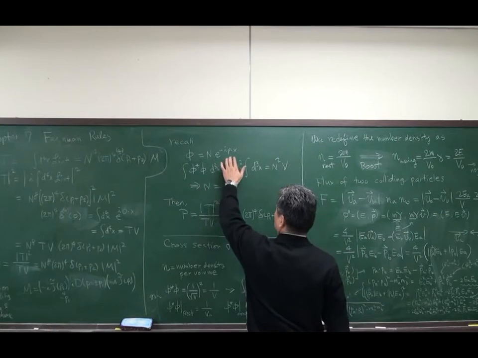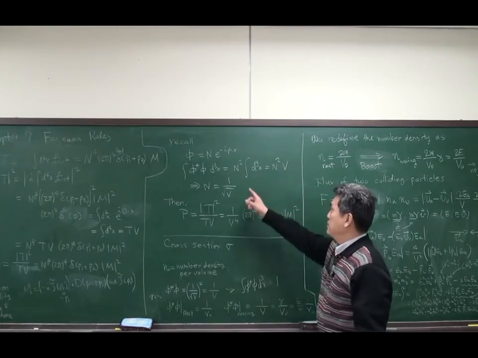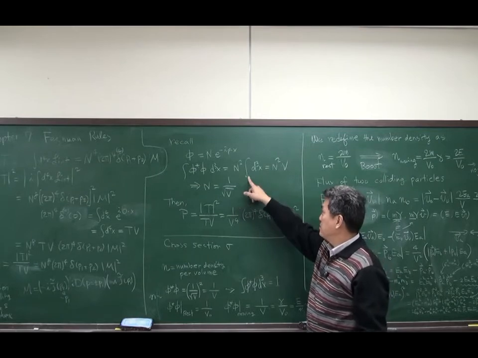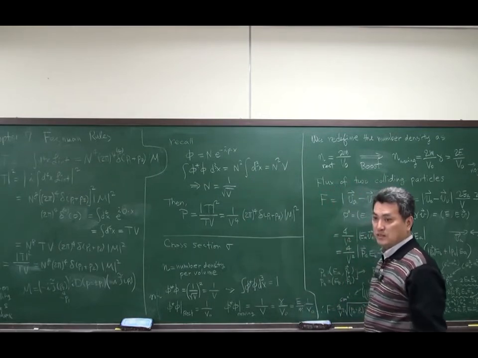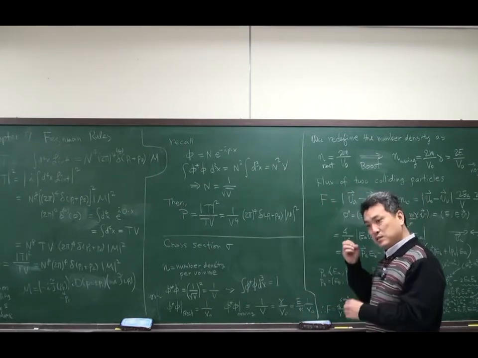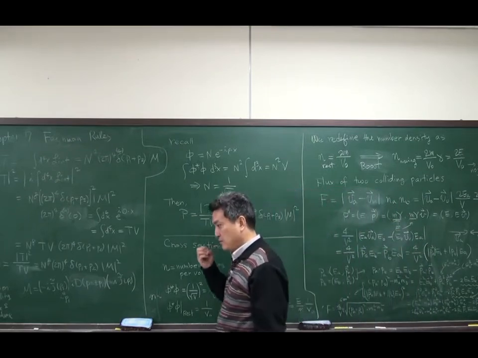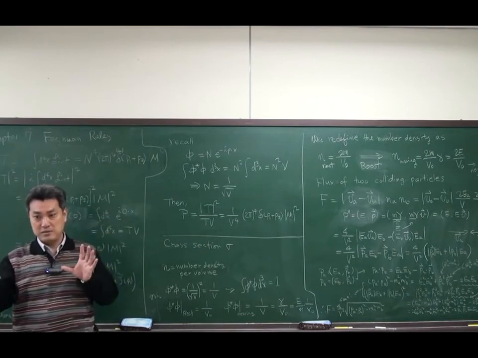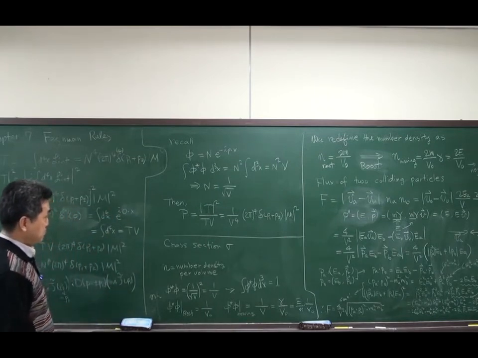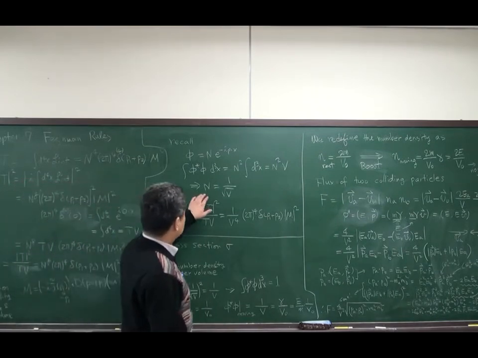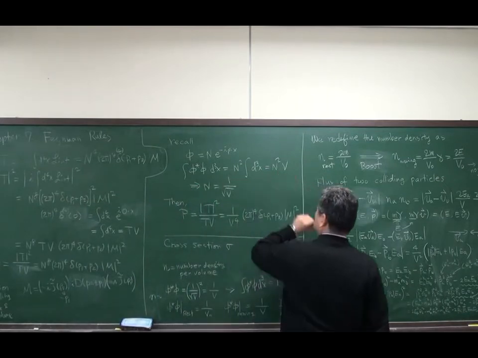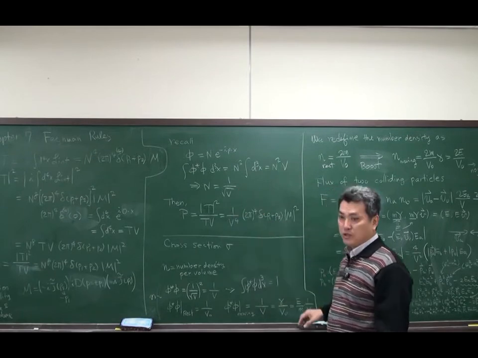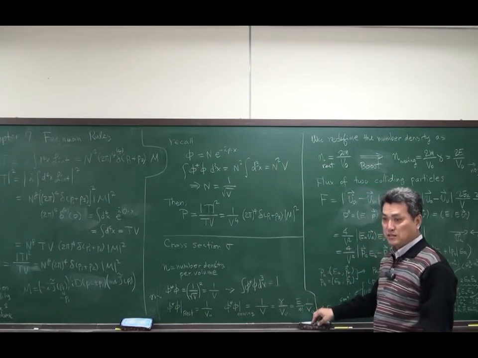Then the exponential factor just cancels, and what we have is the N squared normalization factor times the volume. Suppose a free particle is inside a box. If this is just a single particle, then we can choose the normalization to be just 1 over the square root of V.